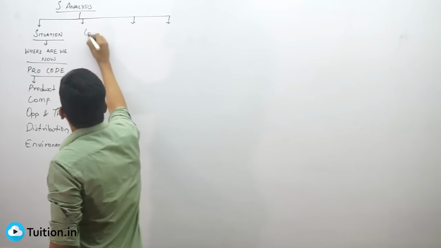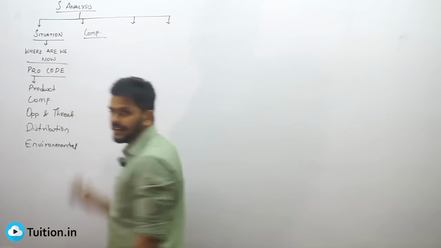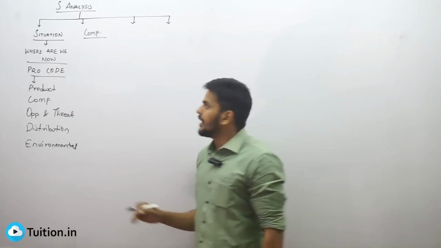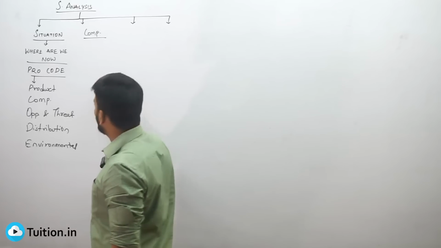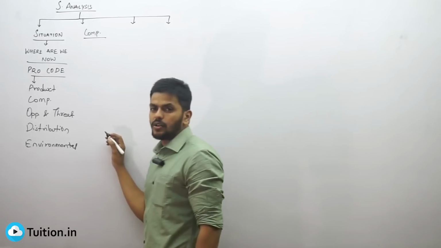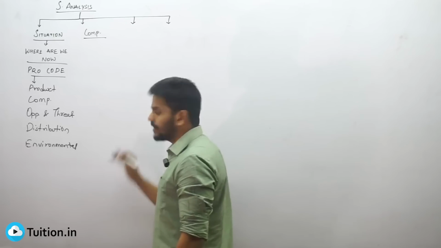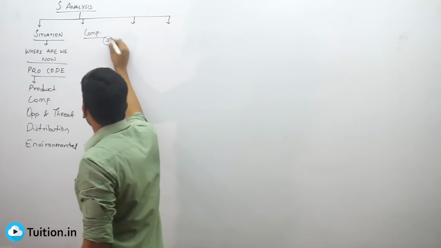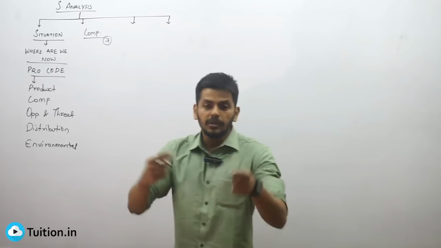Then the second point we're talking about is competitors analysis. We are now going to analyze competition and industry. Competition and industry are 2 very important things that we need to consider. 7 factors are there in competitor analysis. So along with me, if you're noting it down, you can note down.